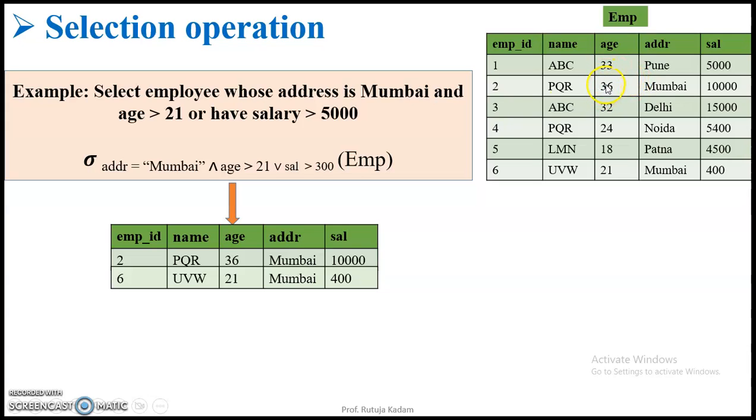So tuple number 2 will be displayed. Also the condition is that or the employees whose salary is greater than 300 and whose address is Mumbai. So again here employee number 6, even though it is not satisfying the criteria of age, is satisfying the criteria of salary, whose salary is greater than 300. In that case, this record will also be displayed as an output.